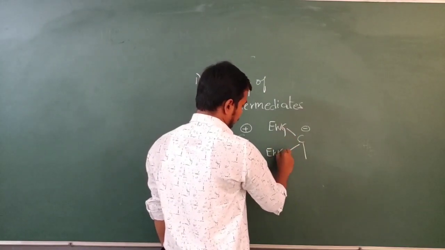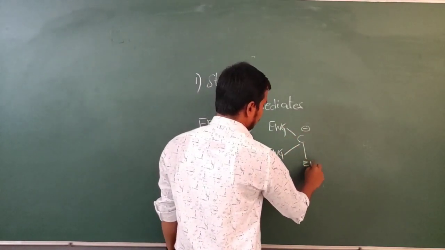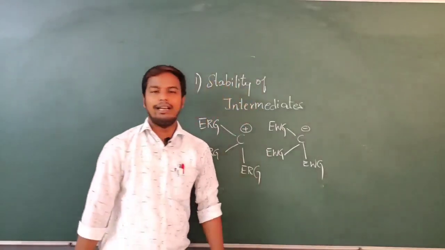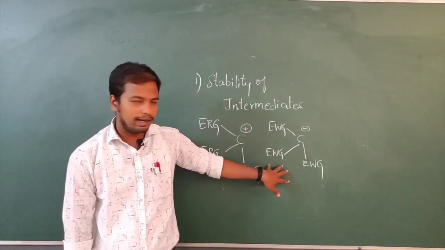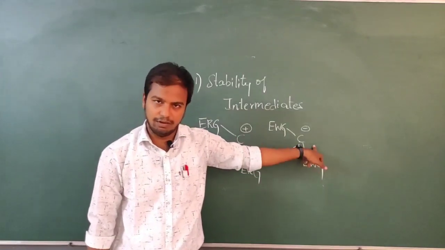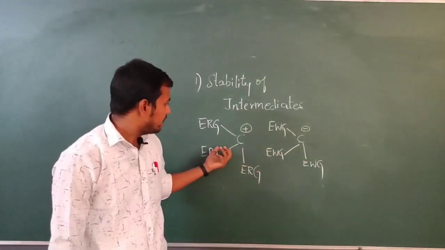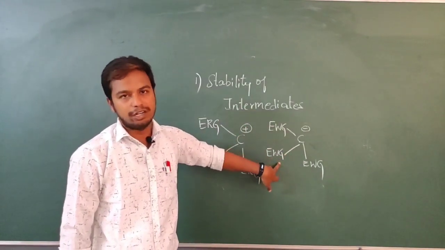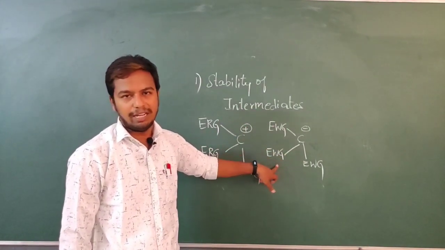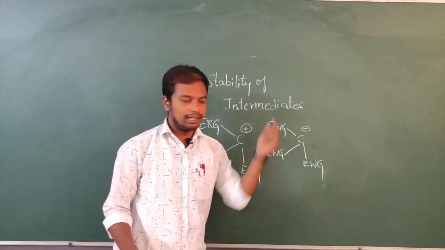Because you know very well that a carbanion has more electron density. That electron density is pulled over by the electron withdrawing group, such that it makes the carbanion more stable. So carbocations with electron releasing groups as well as carbanions with electron withdrawing groups are stable. Am I clear?